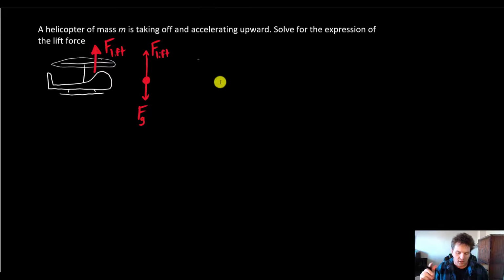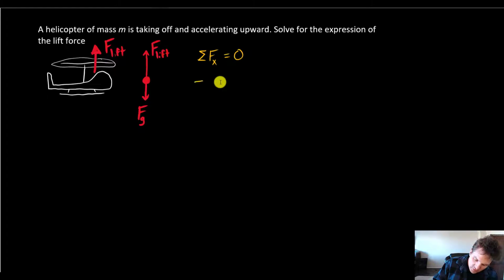Now you're going to see why Newton's first law comes into play, because I know everything is accelerating upward. That tells me there is a net force in the up direction, the vertical direction. Remember, I always want to look at things horizontally and vertically. I know that there is no net force in the x direction, so I can set that equal to 0.